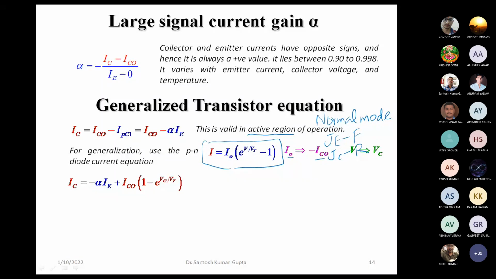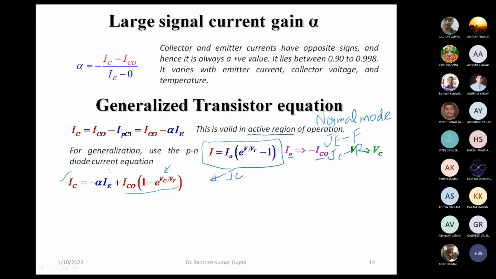So the current through the collector junction JC we can write like this, with VC the reverse bias voltage across the collector base junction. So IC can be written like this here.